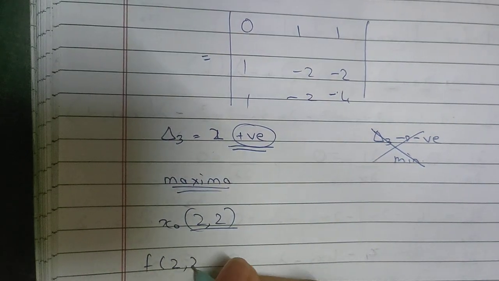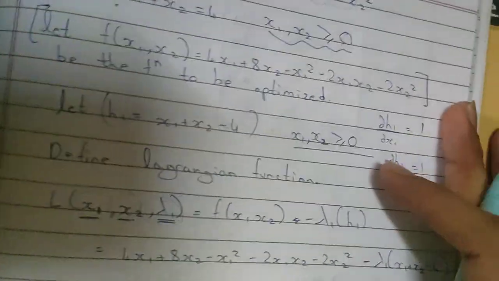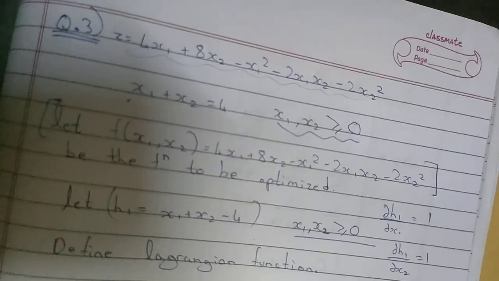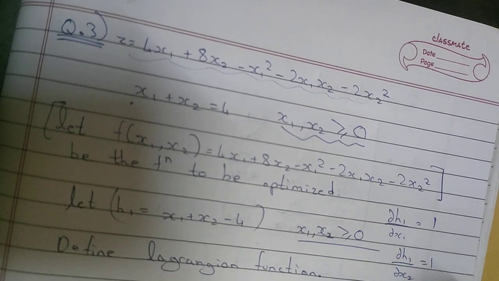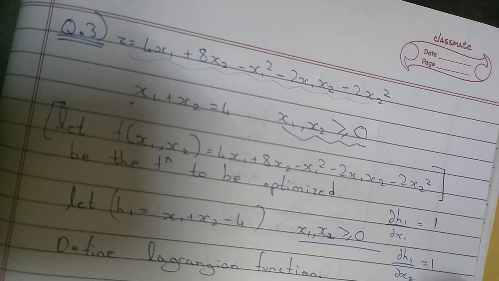Now we can substitute this into our function and get the value. That's the easiest part, I guess. Yep. So we get the maximum value of this function as 4.